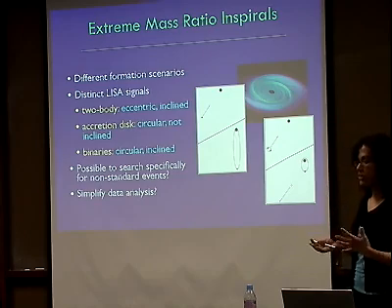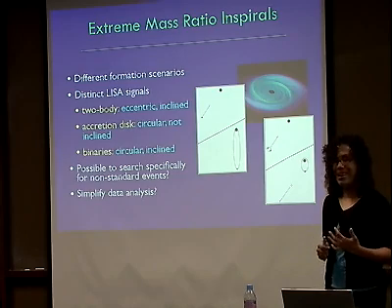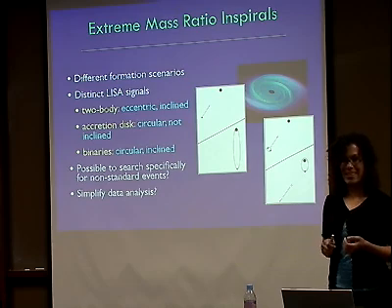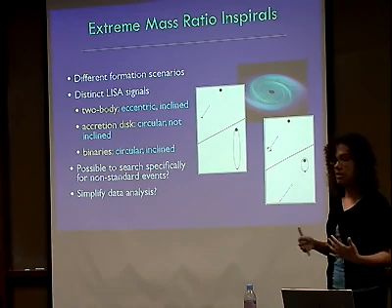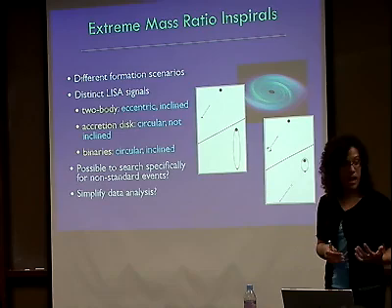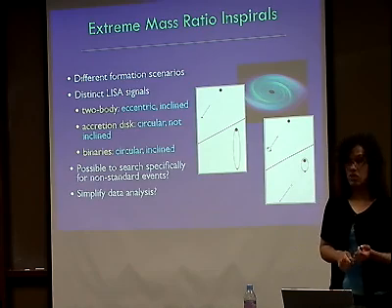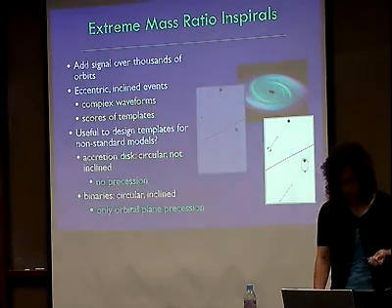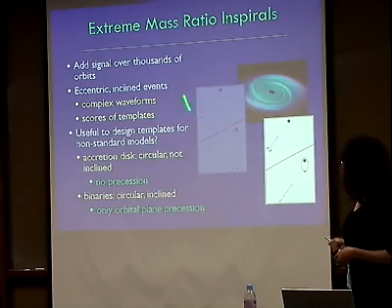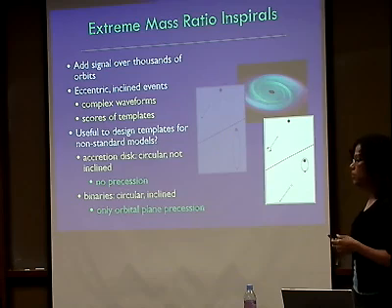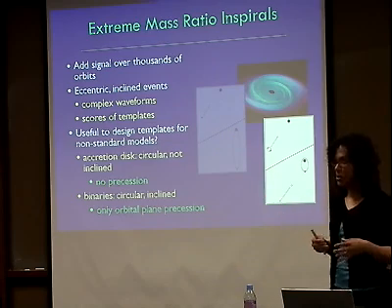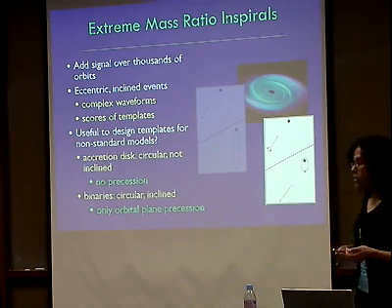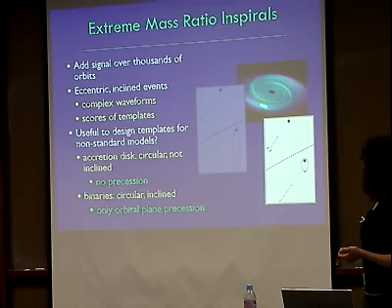So the question that I have, not being a data analyst, but being in a room full of data analysts, is whether it's possible to search specifically for these non-standard scenarios, and if that might simplify data analysis and searching for MRIs. In particular, if we're not worried about the case with eccentric and inclined events that will have complex waveforms and require some huge multitude of templates, would it be useful to search specifically for these non-standard formation scenarios?